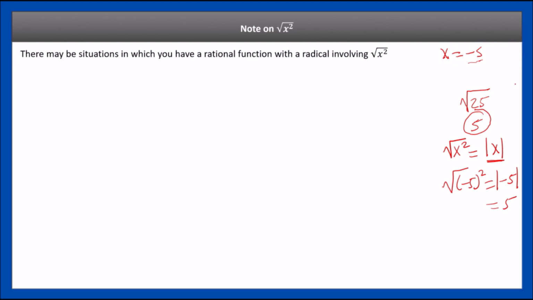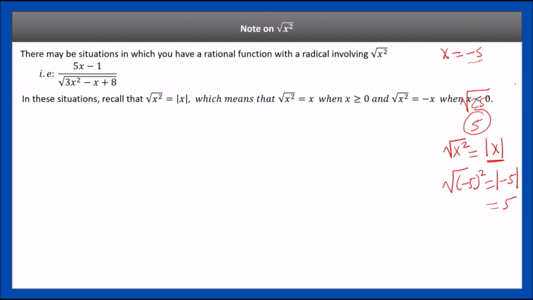Now let's look at this example. We can see there's a square root of an x squared quantity. When we divide by x squared, or use this square root of x squared in the evaluation of the limit, we need to be able to deal with that situation.